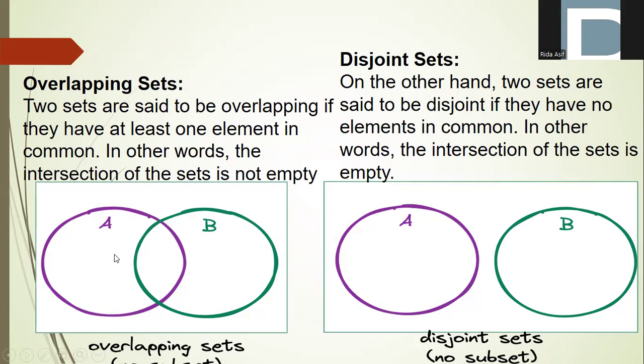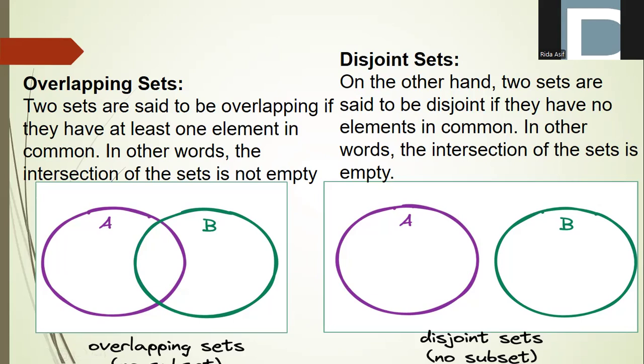Look at set A and set B. These two circles are overlapping. So this kind of Venn diagram represents overlapping sets.